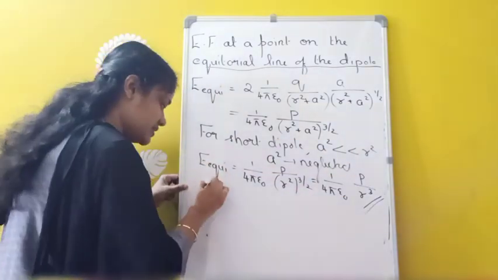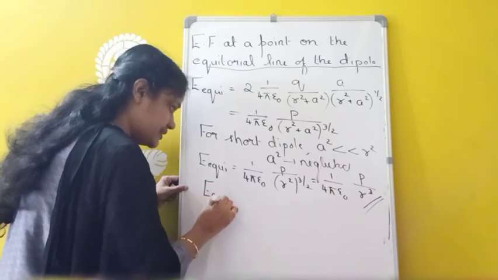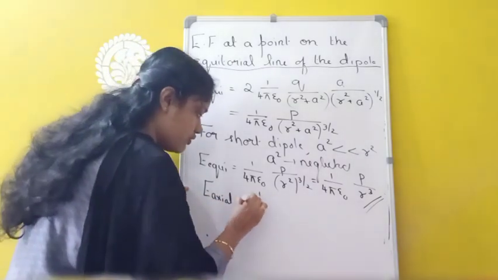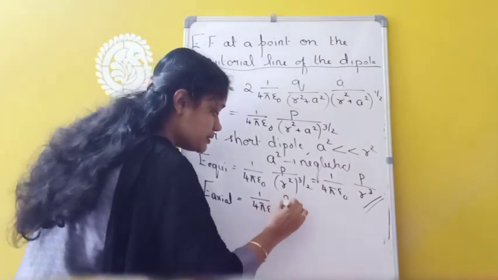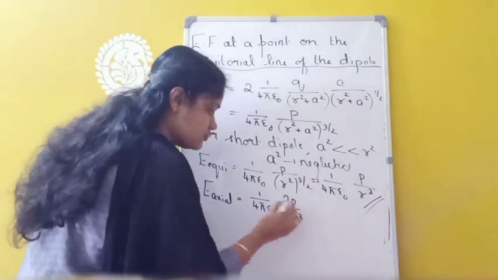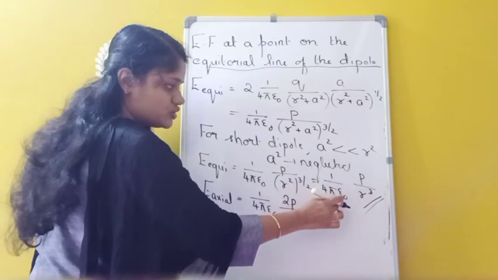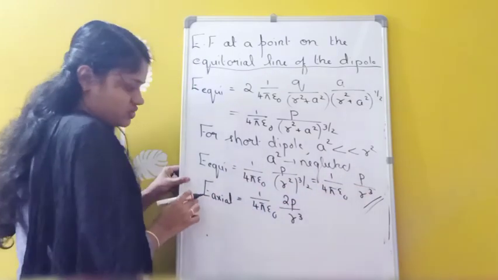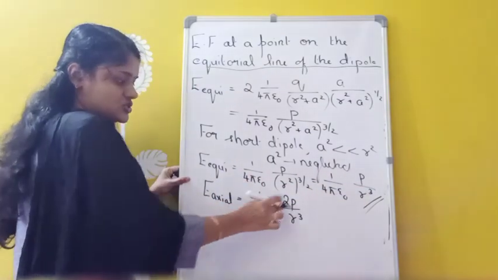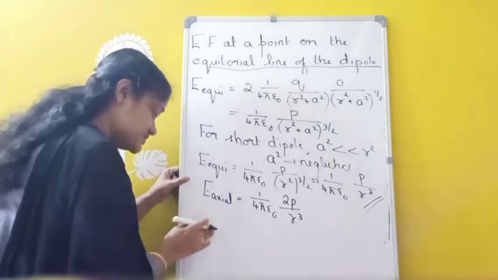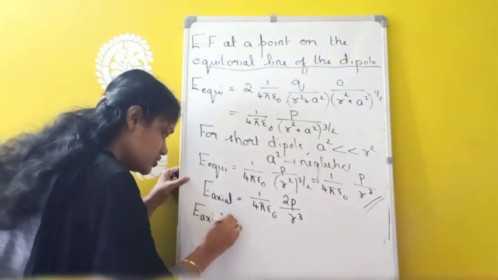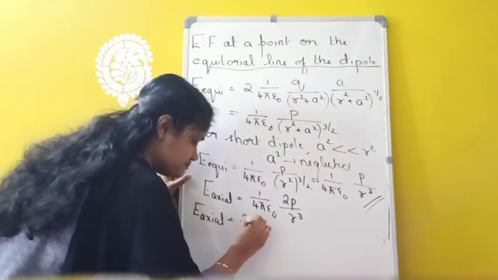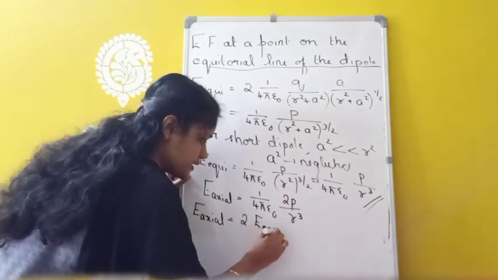But what about axial? What is the formula? E axial equals 1 by 4 pi epsilon 0 2P by R cube. For equatorial we got simply 1 by 4 pi epsilon 0 P by R cube. For axial we got 1 by 4 pi epsilon 0 2P by R cube. That means E axial equals 2 times E equatorial.